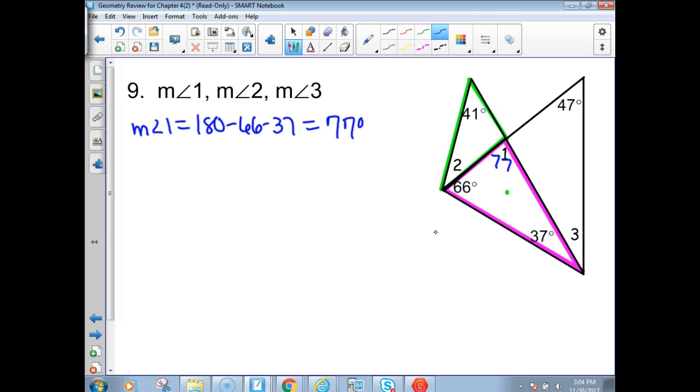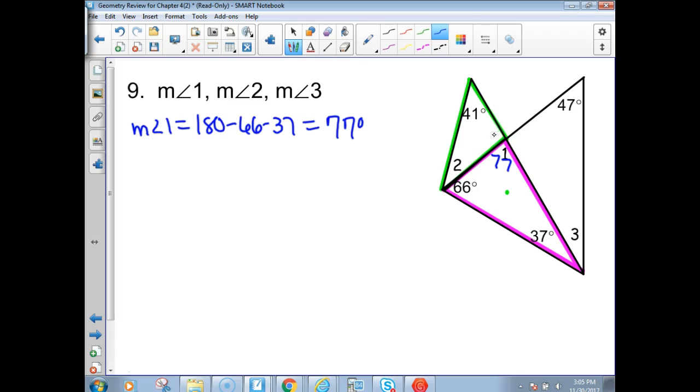If you don't do that, then you have to remember about linear pairs. You see angle 1 is 77. What's the angles next to it? What's that? 180 minus 66 minus 37. You guys just told me it was 77.